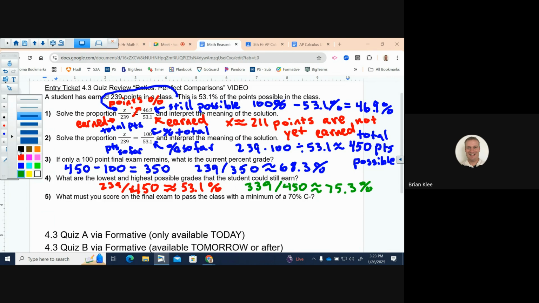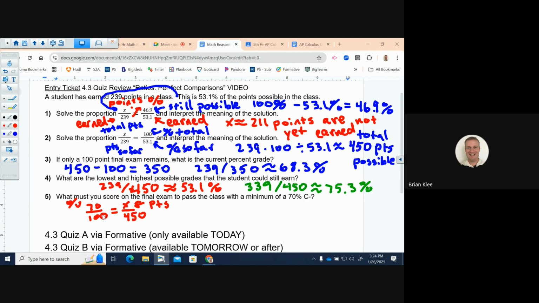And what must you score on the final exam to pass the class with a minimum of a 70% C-, which is what most college classes require of you? So ultimately, the way I would do this, I need 70 out of 100. And in the other fraction, we don't know the points that go with 70%. We know that 450 out of 450 is the total points that goes with a total percentage of 100.